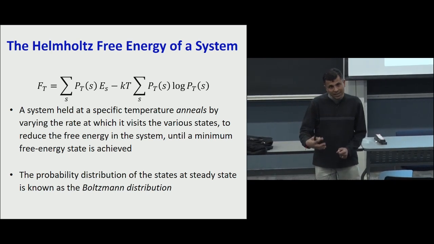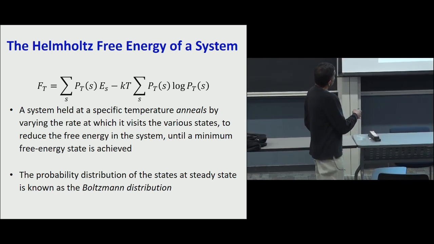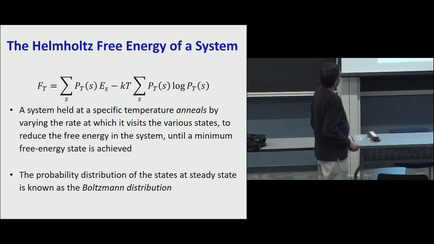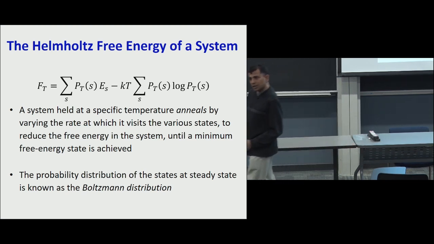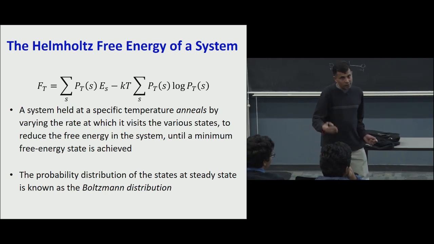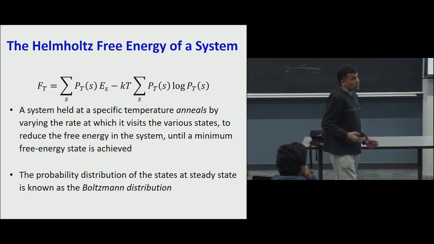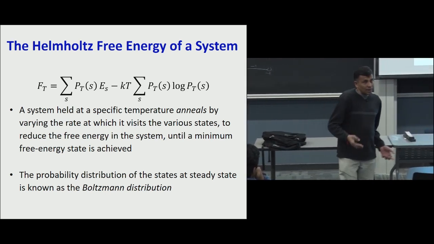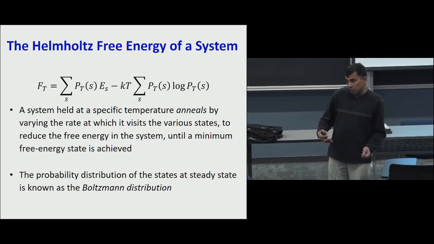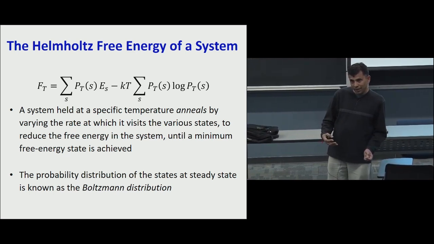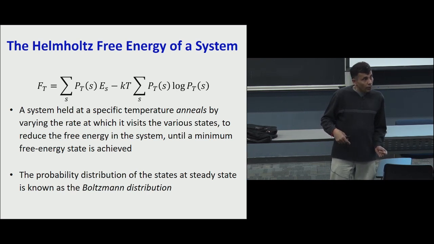And what happens is that it's going to keep reducing this Helmholtz free energy. It's going to keep reducing the energy of the system, which is what they always do, right? Essentially, it's reducing its potential energy until it arrives at a probability distribution over states where this potential energy is minimum.